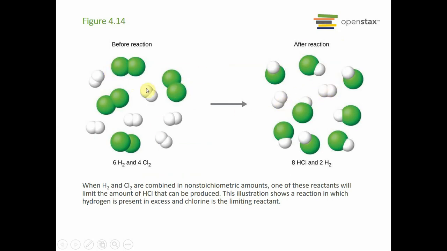Green being chlorine, white being hydrogen. When hydrogen and chlorine are combined in non-stoichiometric amounts, one of these reactants will limit the amount of hydrochloric acid that can be produced. The illustration shows a reaction in which hydrogen is present in excess and chlorine is the limiting reagent.